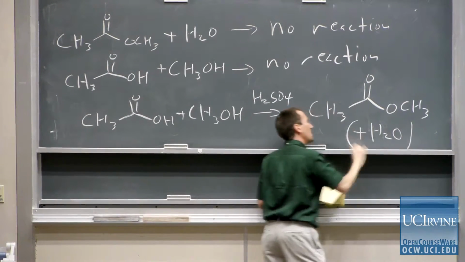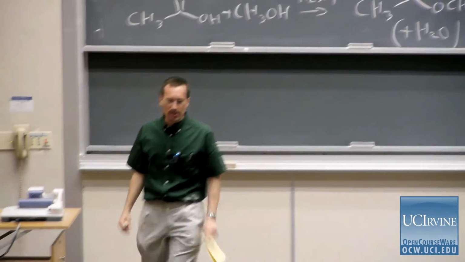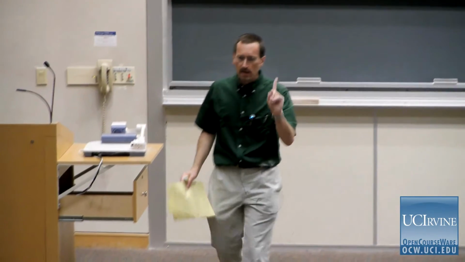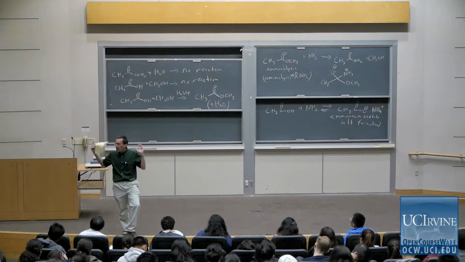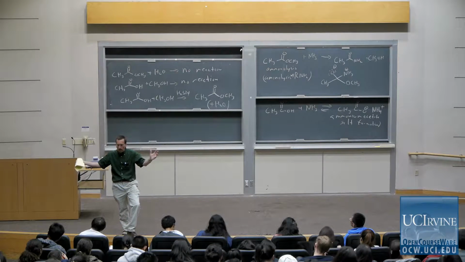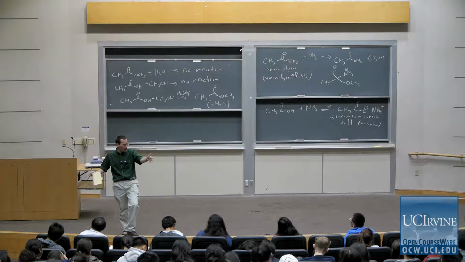And organic chemists, as I keep repeating, are very bad at balancing equations, but it's really important to keep this in mind, because this reaction is an equilibrium. And so if I just mix them and don't have a lot of methanol, just a little bit of methanol, I'm going to have an equilibrium in the middle.